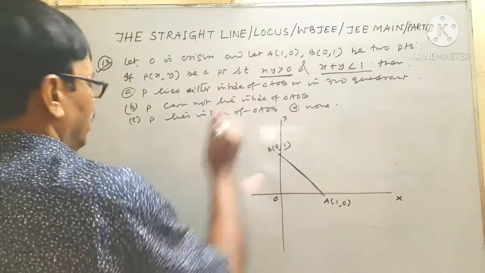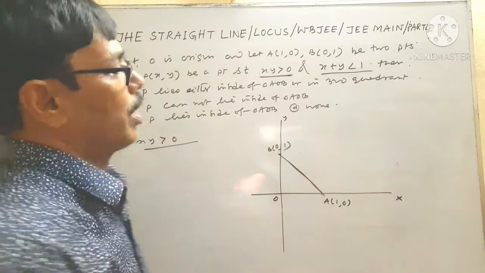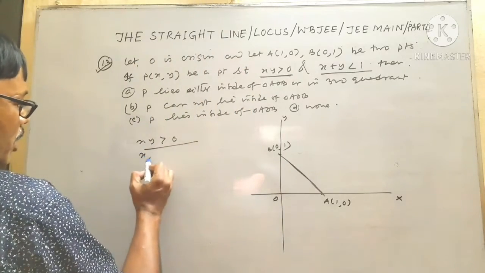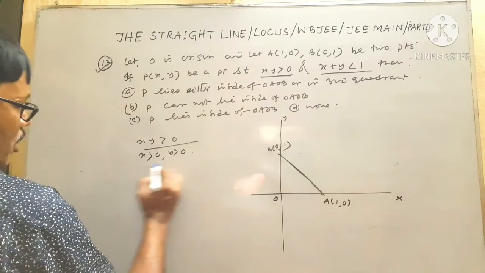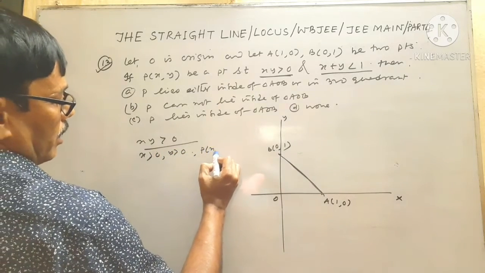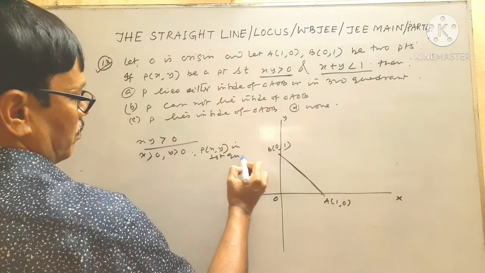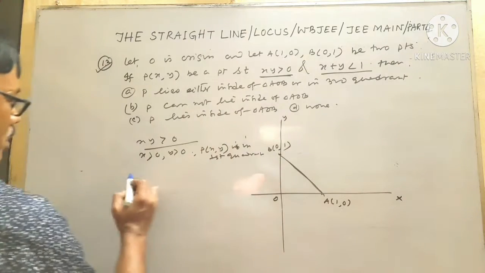It is given that xy is greater than 0. This means x greater than 0 and y greater than 0, so P(x, y) is in the first quadrant.